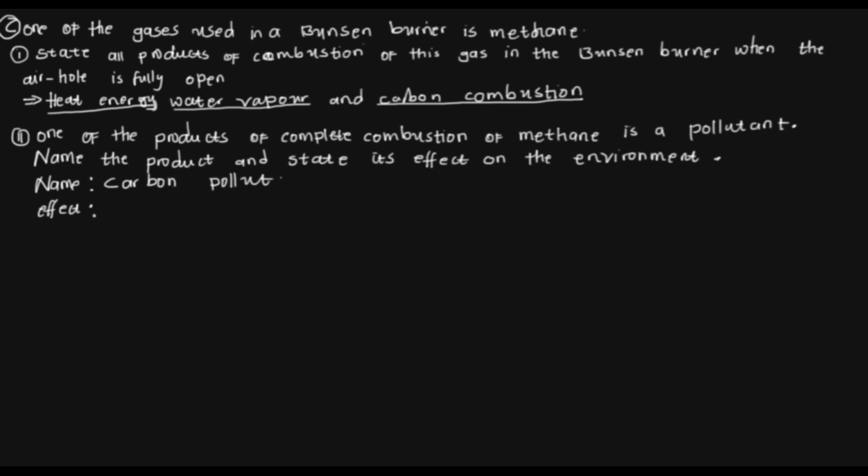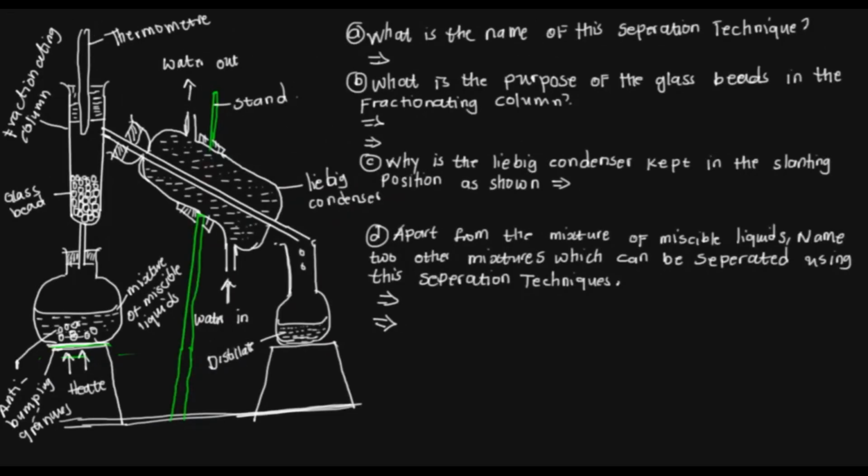Now the effect of carbon dioxide on the environment is that it causes global warming. So this is the answer. Sometimes it may cause acid rain, though the acid formed from the carbon dioxide is a weak acid.